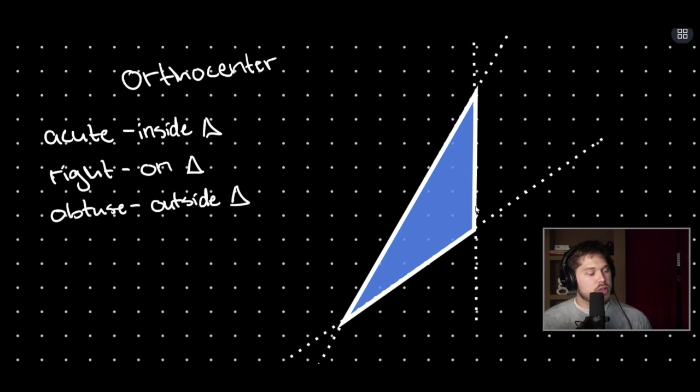Okay, so if we drop an altitude from this vertex on the right and we want to drop it to the opposing side, where can we go on this line such that we have a right angle? We're looking for a right angle.